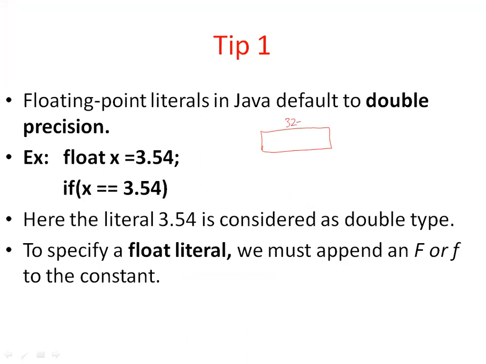And this 3.54 is of double type, that means it will have 64 bits, and this number will be stored in 64 bits. So what you are doing is trying to store these 64 bits into 32 bits.